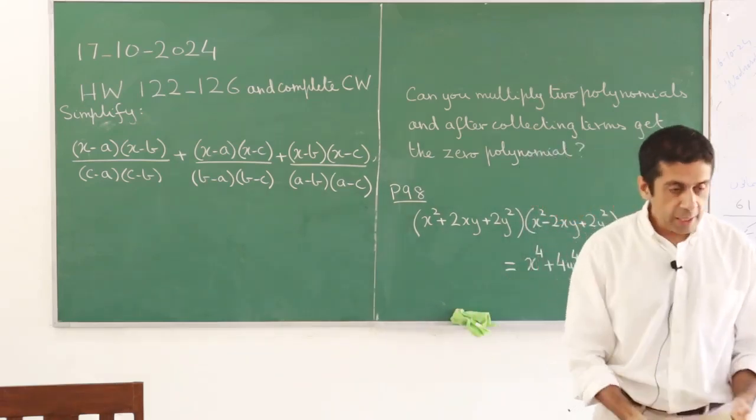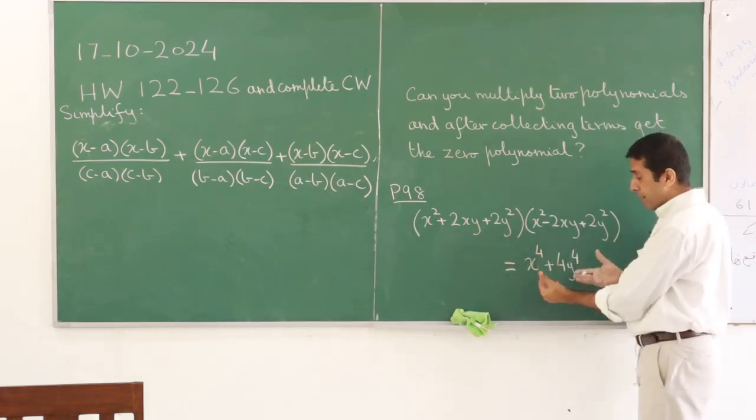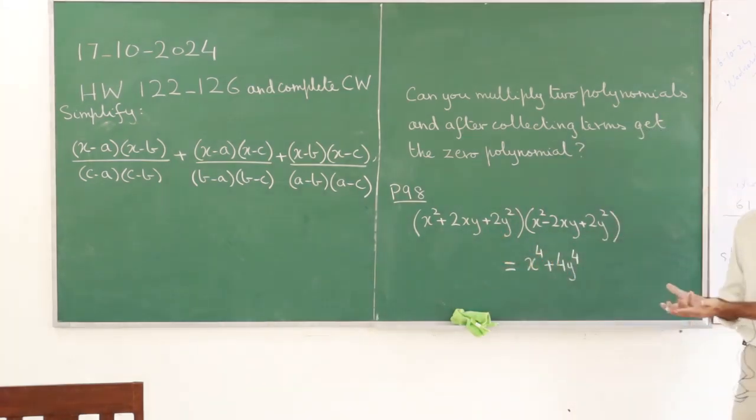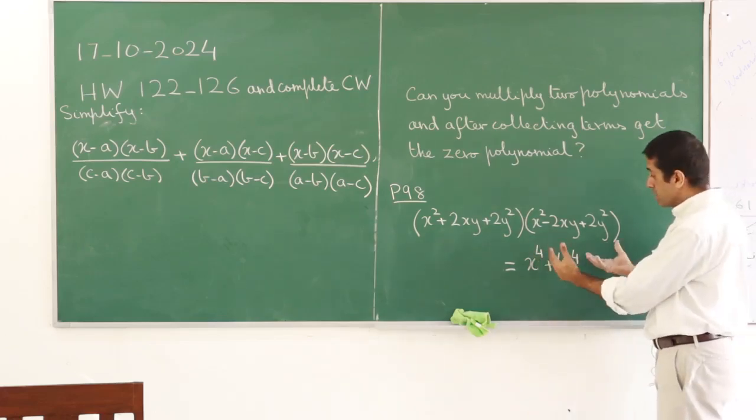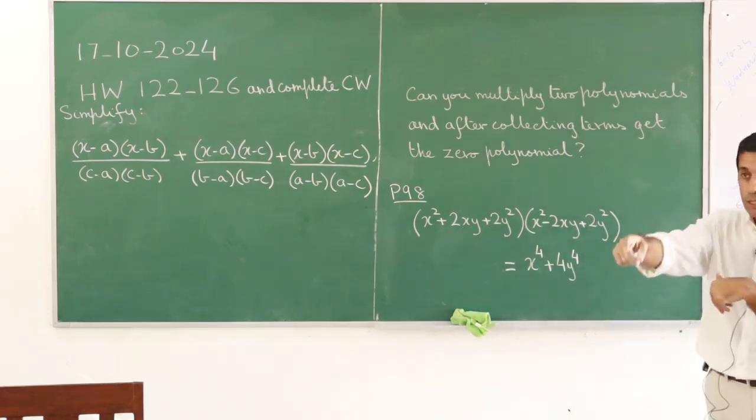That's problem 98. So that means long polynomials multiply to give you short polynomials. That can happen, right? Is it possible that long polynomials multiply to give you the zero polynomial? That's the question. Yes, do you want to say something?